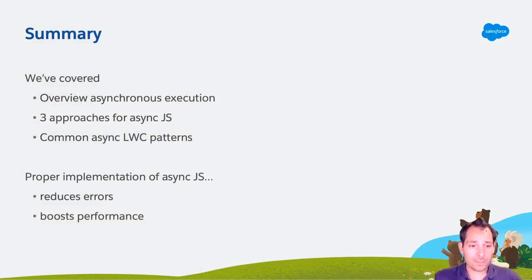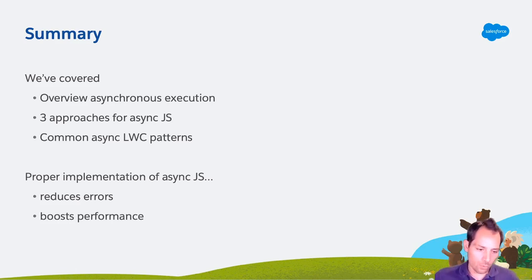So along this presentation, we saw an overview of what is asynchronous versus synchronous execution. We saw 3 different approaches to handle asynchronous JavaScript. We saw callbacks, promises, and async await. And finally, we also saw some patterns for Lightning Web Components, how you can properly load resources and how you can handle race conditions.